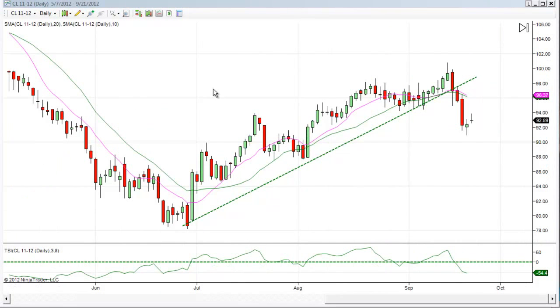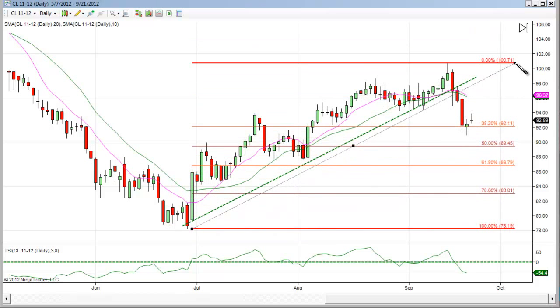The crude chart, we had quite a down week this past week, forming a bear flag. I'm looking at some Fibonacci levels. After we've hit this 382 level, watching to see what this doji does this week.